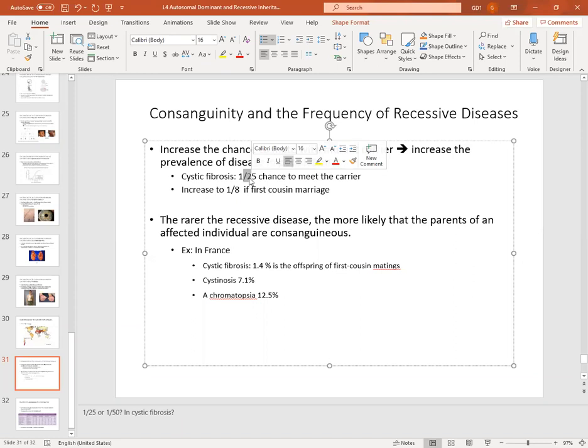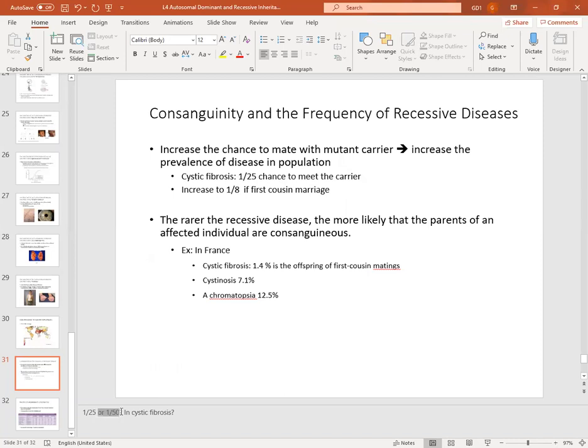Quite high, right? So we have a 1 in 25 chance to meet a carrier. Even if I am normal, I meet 1 carrier out of 25 women. But I don't know if this is 25 or 50 here, because I am a man and need to choose women, so this number will be increased a little bit.